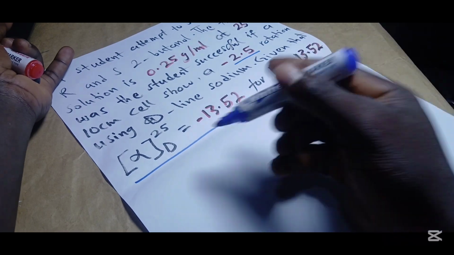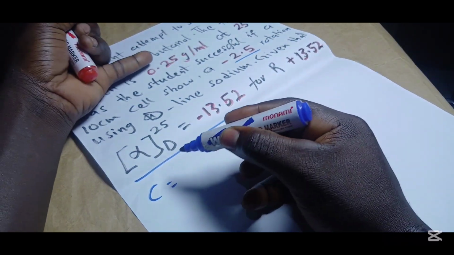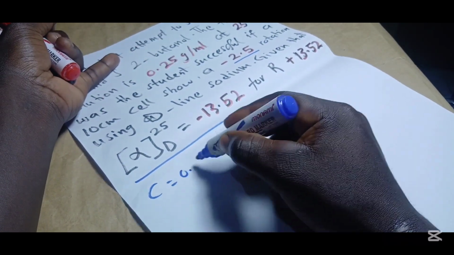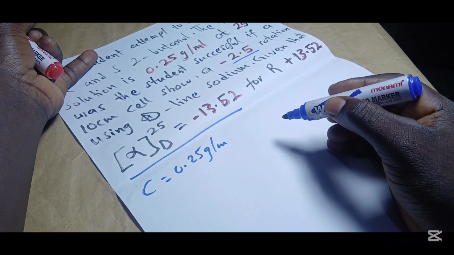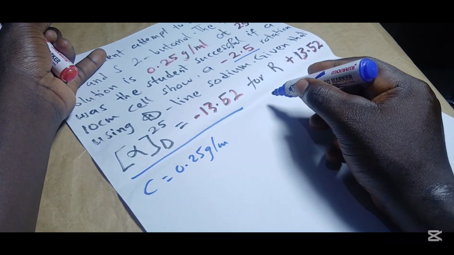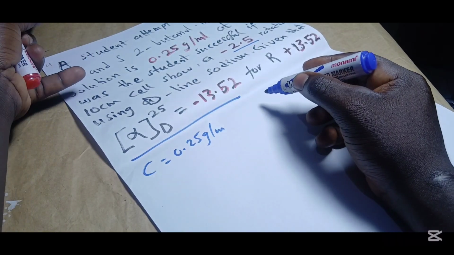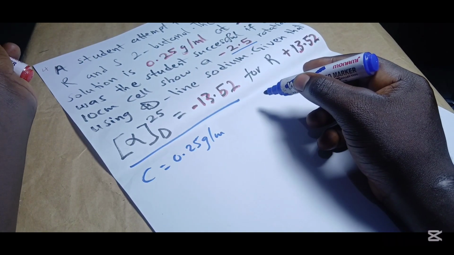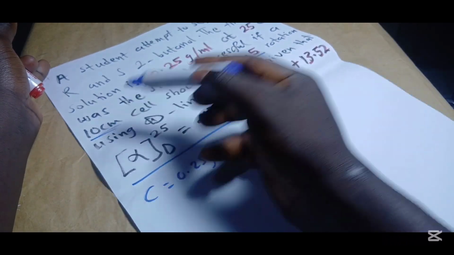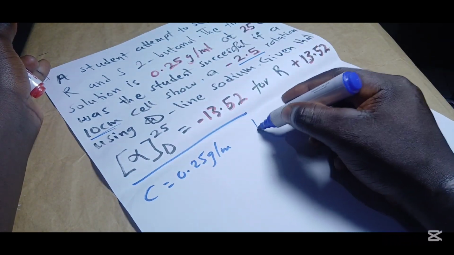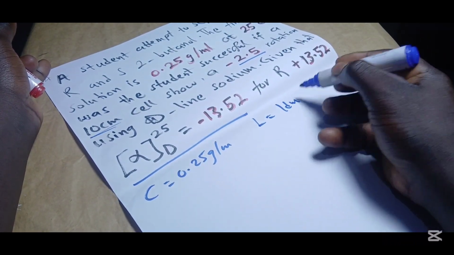So now we are given concentration to be 0.25 gram per ml. Specific rotation known, and then the path length is 10 centimeters, which is 1 decimeter.